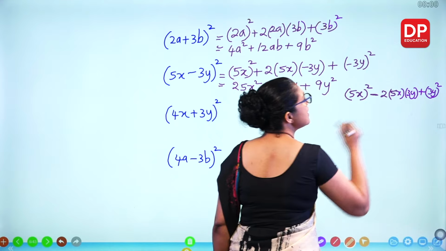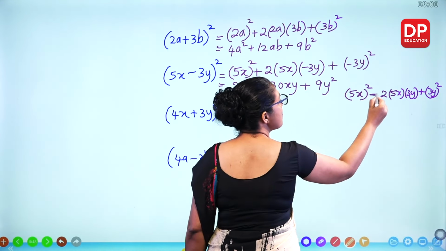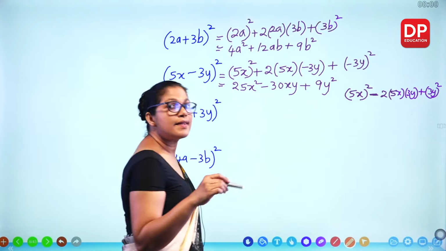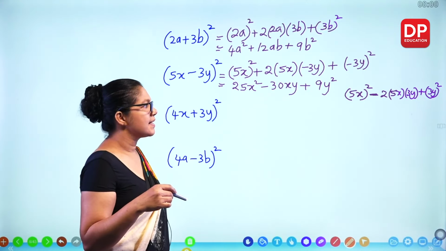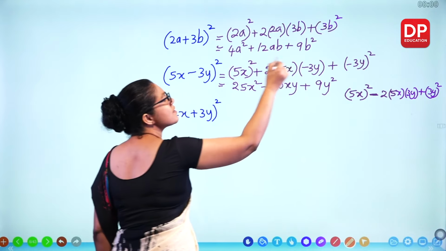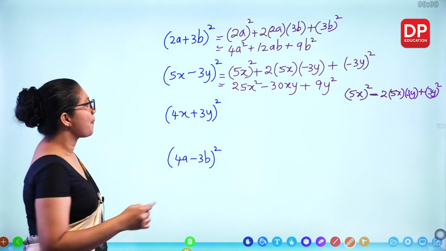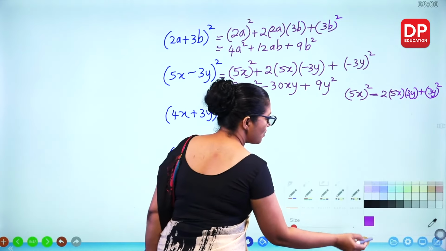You are getting the same thing. So if you are considering minus, don't consider the last term with minus. If you are considering this minus, then just take the last term with the minus sign as well. Okay, so we'll do another one.